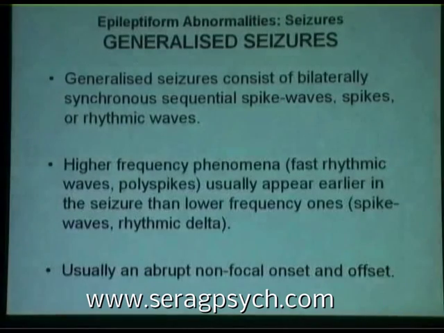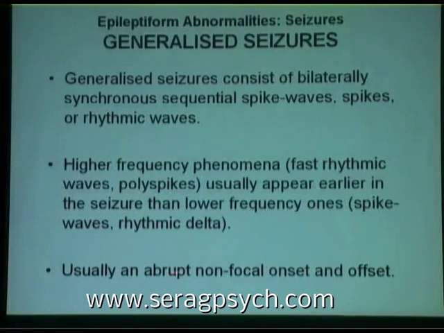Next, please. So as I said, generalized seizures consist of bilaterally synchronous sequential spike waves, or sequential spikes, or rhythmic waves. So this, or that, or that. And the higher frequency phenomena usually appear earlier in the seizure than lower frequency ones.